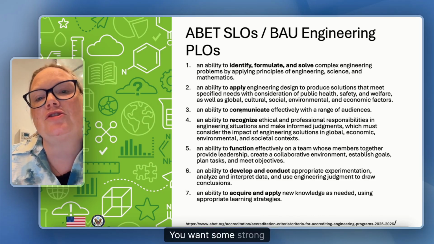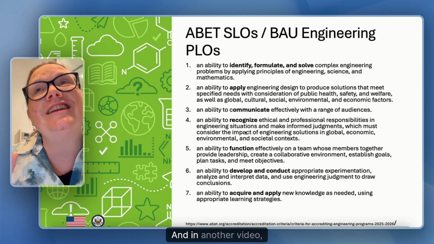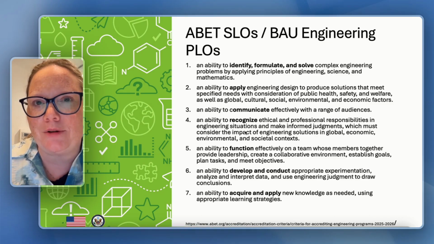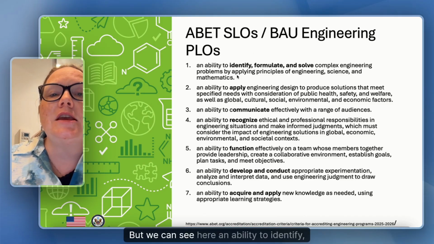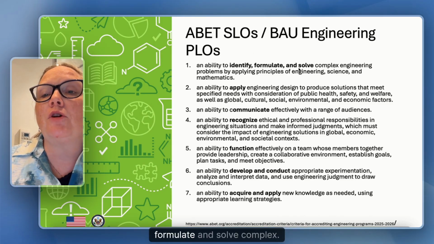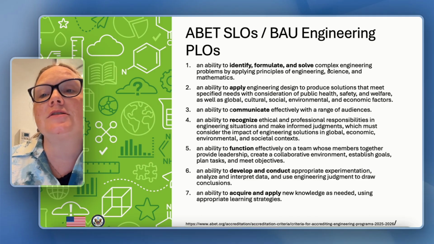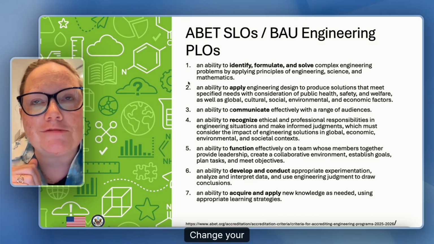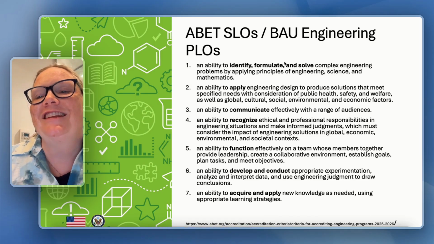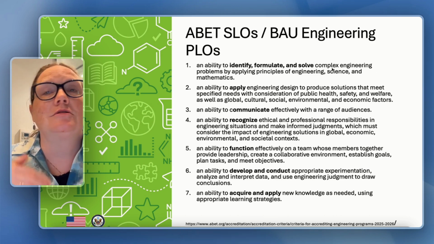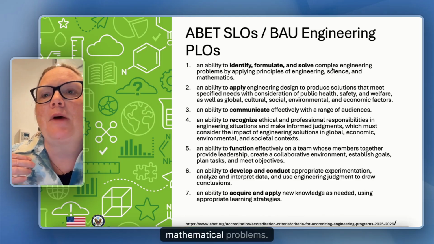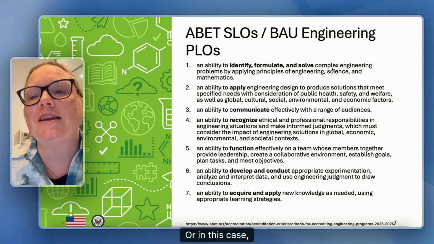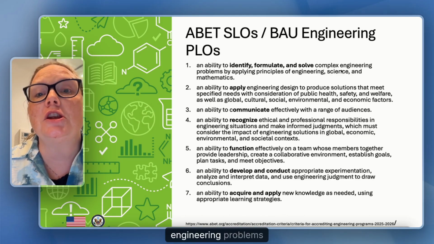You want some strong verbs, and in another video, I'll be talking about those verbs. But we can see here an ability to identify, formulate, and solve complex, change your program name, to solve complex financial problems, to solve complex mathematical problems, or in this case, to solve complex engineering problems.